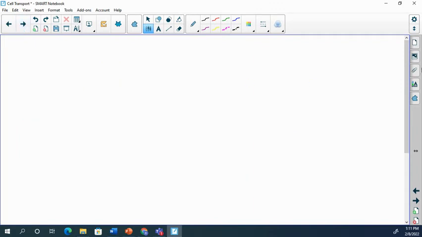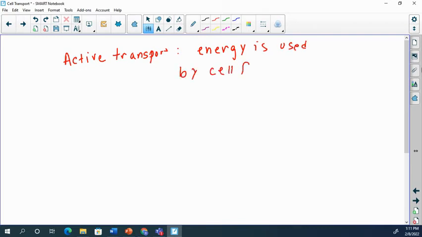So now let's talk about active transport. Active transport is the opposite of passive transport. In this case, energy is used by the cell for material transport.